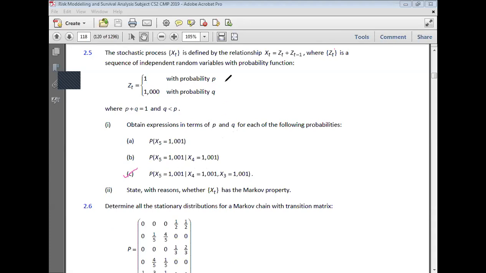So what I will write here is the probability that my x3, x4, and x5, all of them take a value of 1001, upon the probability that, so it will only be these two, right? The probability that my x4 is 1001, comma, my x3 is 1001.